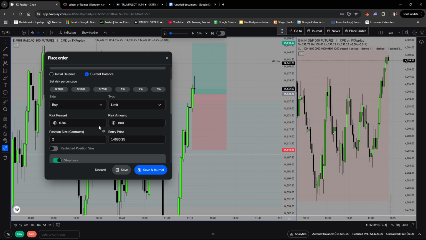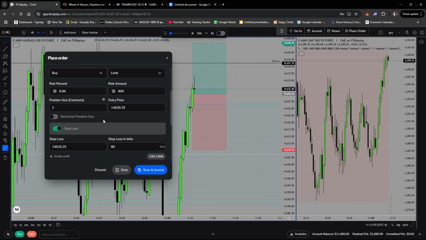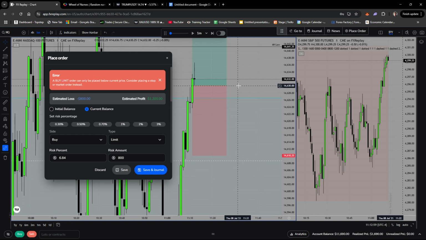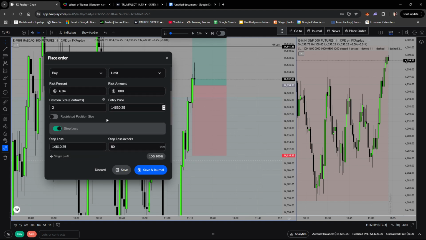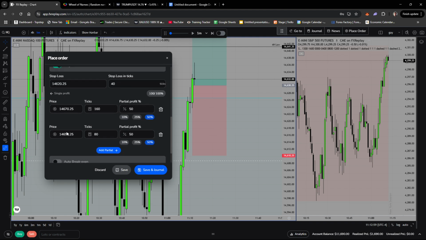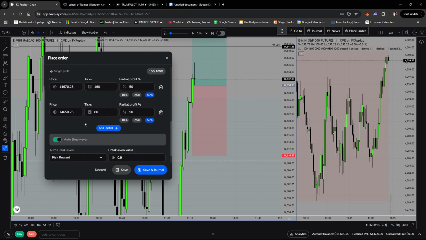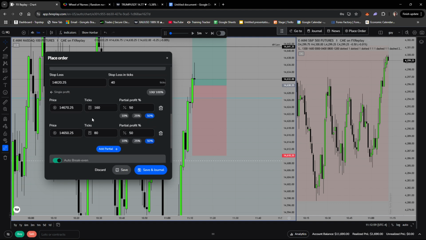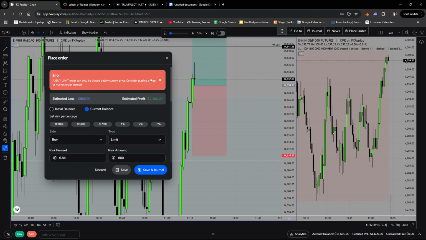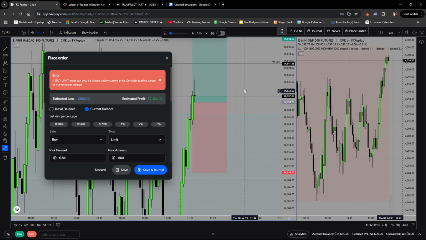What's wrong with it? Risk amounts. The buy limit must be placed below price. It was below price. There you go. Break even. Stop loss. A buy limit can only be placed below price.